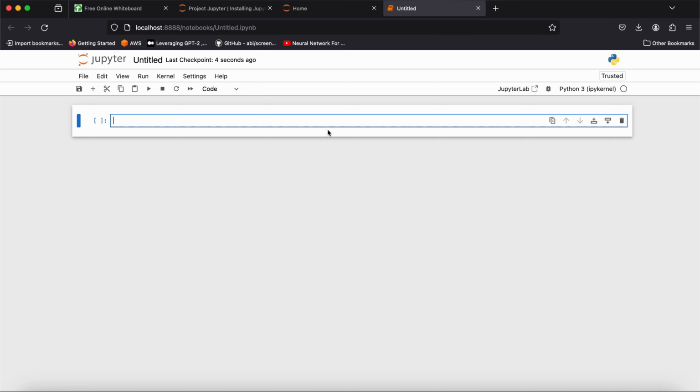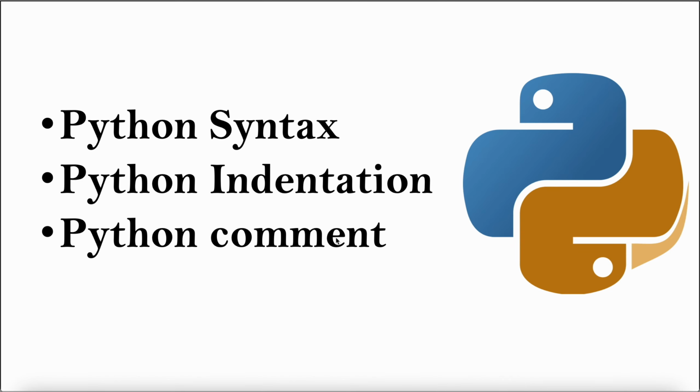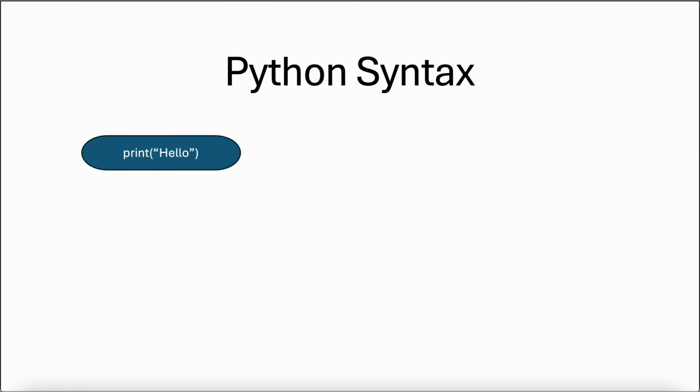Now let's get back to our chapters. What is Python syntax and why is it helpful? Python syntax is a set of rules that we apply to write the code. Let's compare it with some other things.